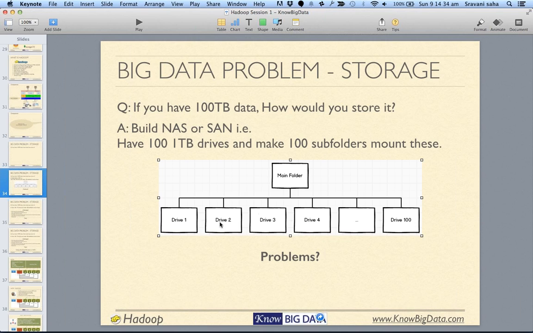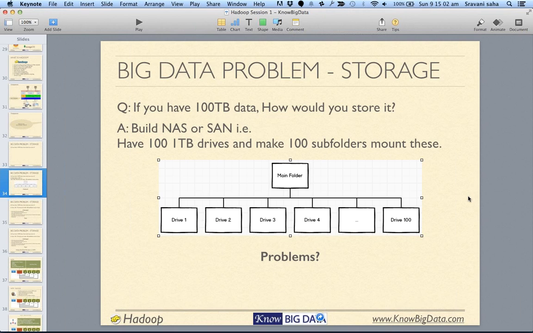So whenever people connect to this computer, the user will see there are 100 subfolders in which they can store the data. So drive one folder represents the first drive, second folder represents the second drive, and so on. So you got 100 subfolders representing 100 hard disks, and each hard disk is 1 terabyte.